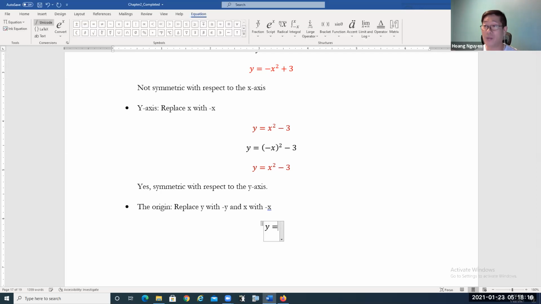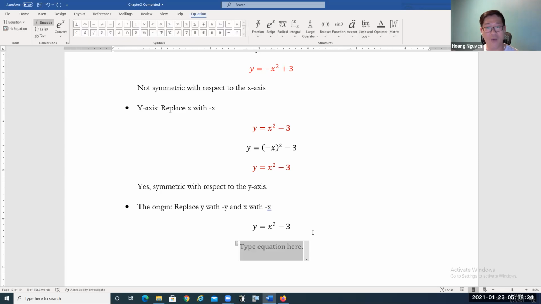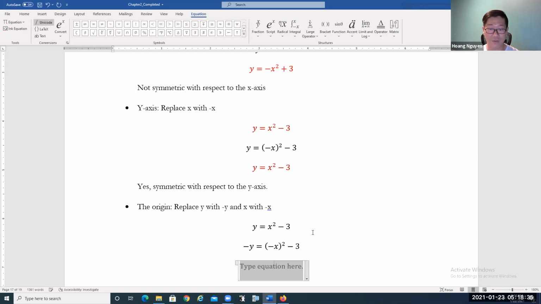Once again, the original equation is y equals x squared minus 3. Now I will replace y by negative y, and I will replace x by negative x. Negative y stays negative y, nothing changed.